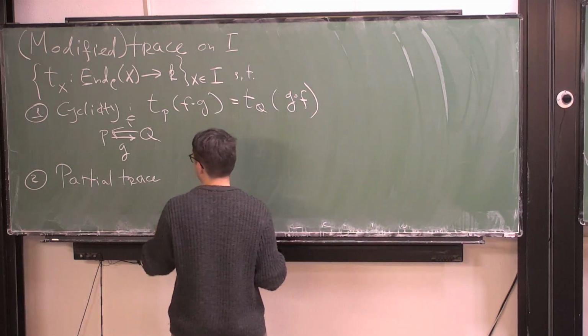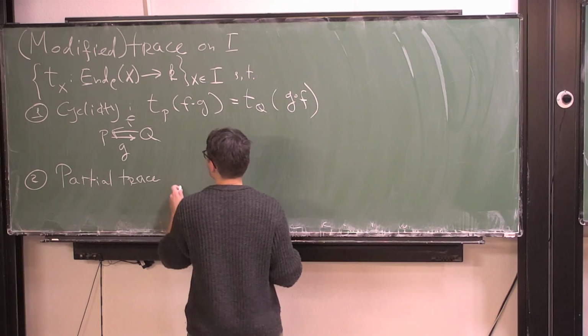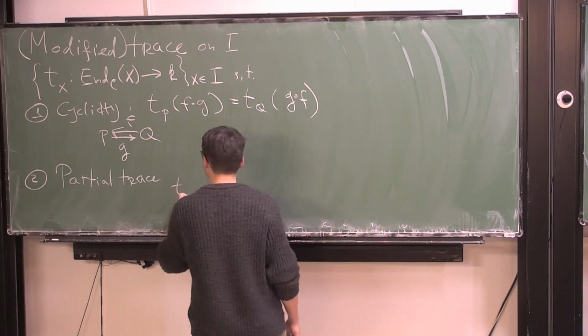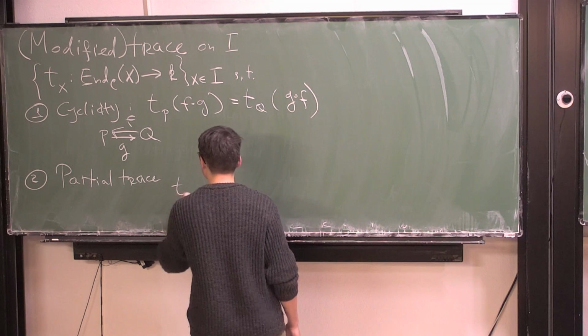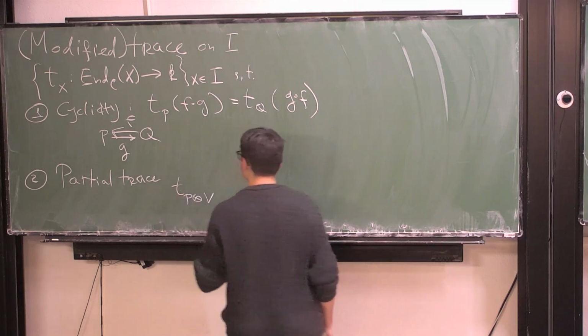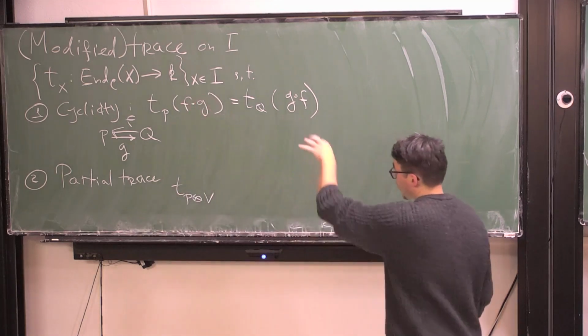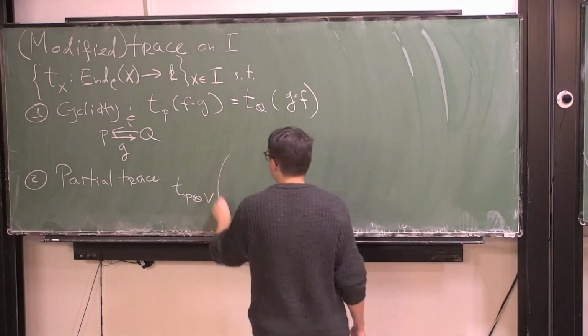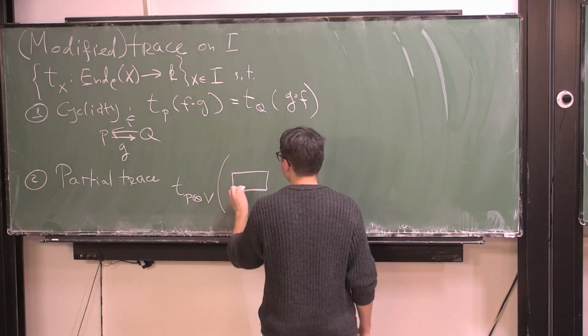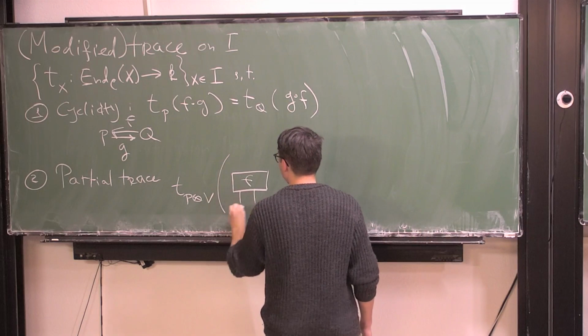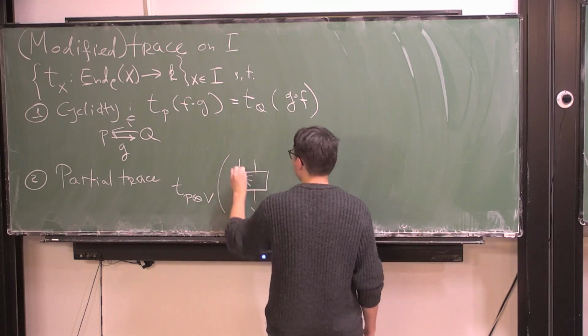What's the partial trace? Let me write it graphically. If I have my right ideal, with a right trace, assume you have a morphism from P tensor V to itself.